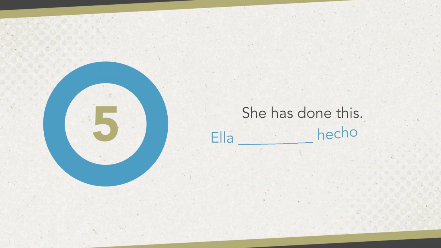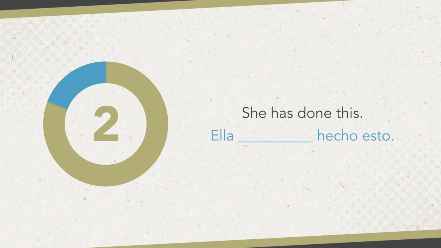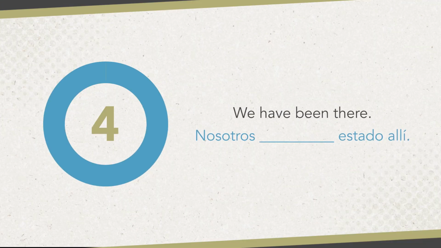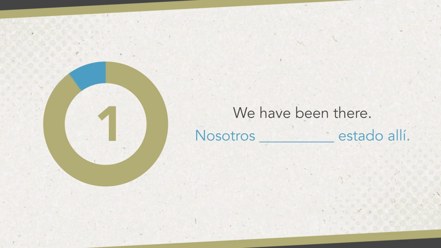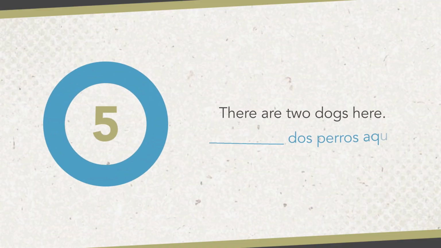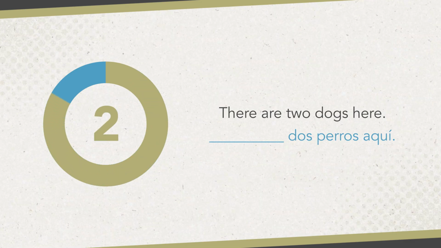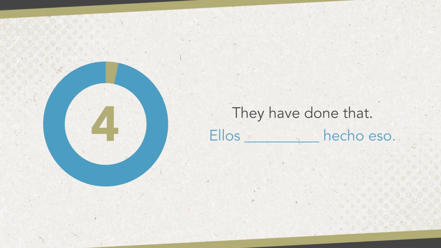Try to predict the right version of haber in each of these sentences. She has done this. Ella ha hecho esto. We have been there. Nosotros hemos estado allí. There are 2 dogs here. Hay 2 perros aquí. They have done that.